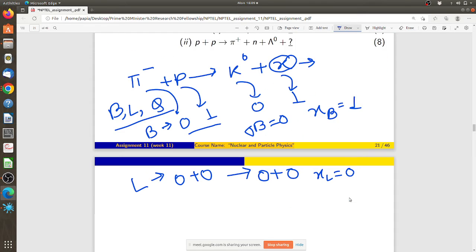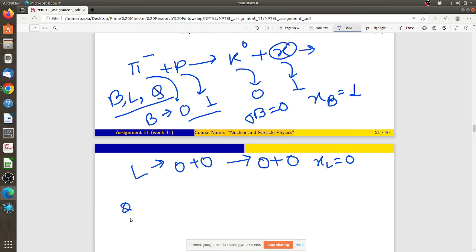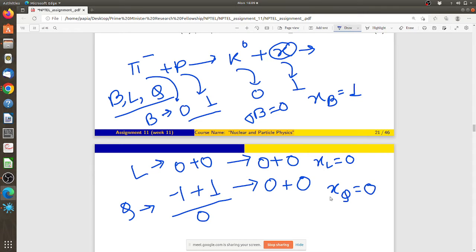Now coming to the Q part. Q is the charge. Pi minus is minus 1. P means proton, which has a charge plus 1. And K0 has a charge 0. So on the left hand side minus 1 plus 1 is 0, so on the right hand side there will be a 0 value. That means x of Q will be 0.